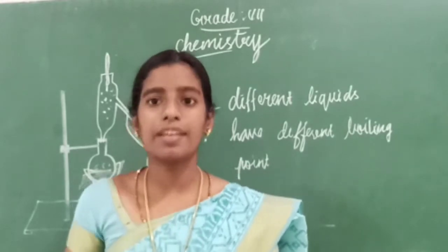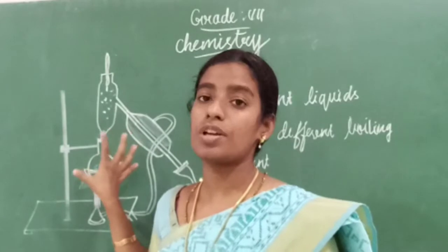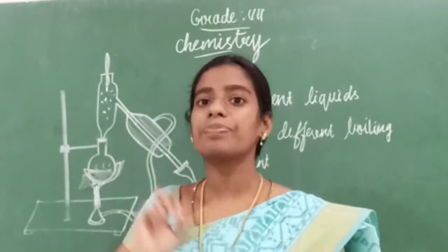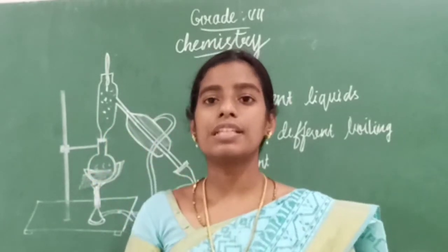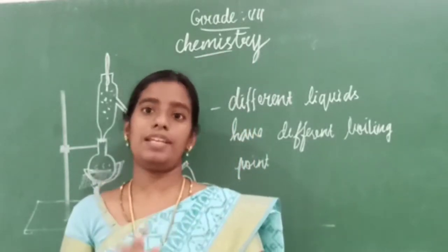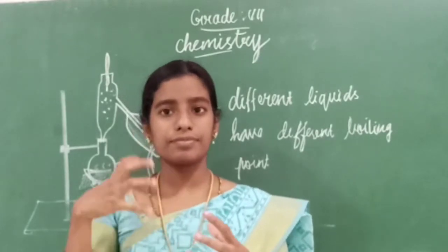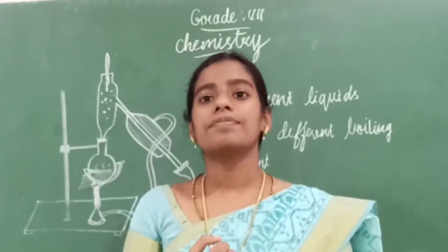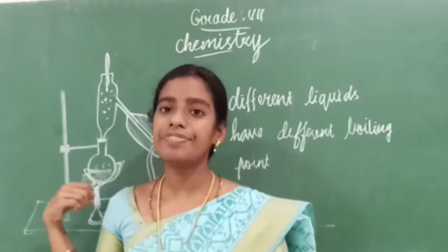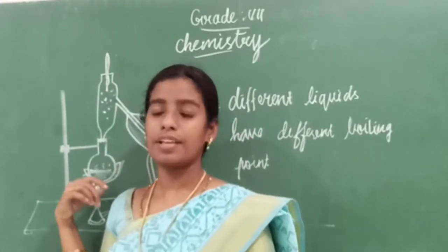The same thing is used here. This distillation flask has a mixture of two liquids. These two liquids will never have the same boiling point. So liquids which have different boiling points are taken in this distillation flask.